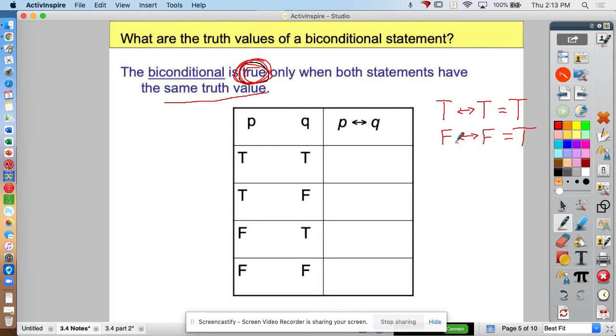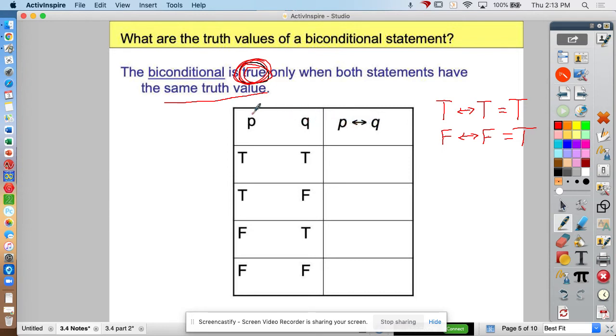Okay, so this is kind of the one that gets you, because maybe when you're looking at the letters it doesn't make sense, but when we start to put words into this, you'll see that it does make sense because you're negating both parts, and that's why it comes out to be a true statement. All right, so here we are with P if and only if Q.